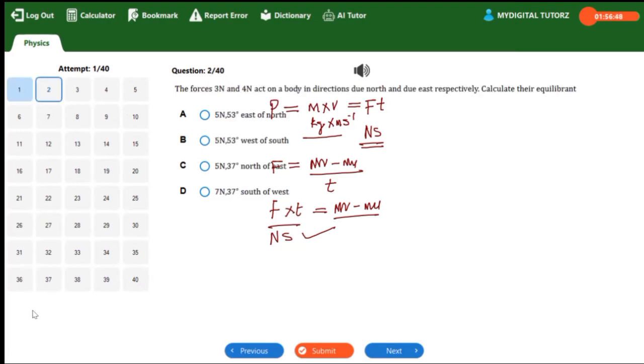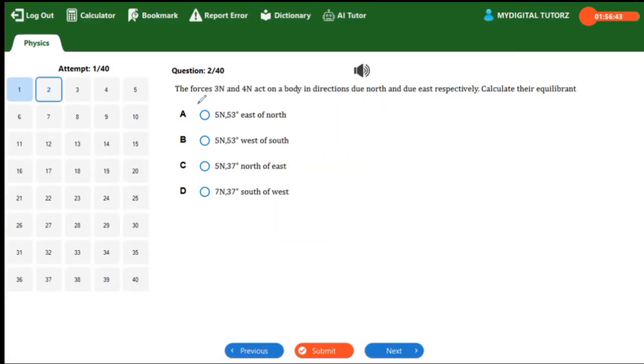Exactly. So moving down to question two. Question two says the forces 3 Newton and 4 Newton act on a body in direction due north and due east respectively.